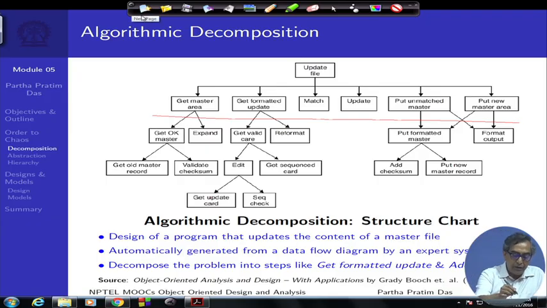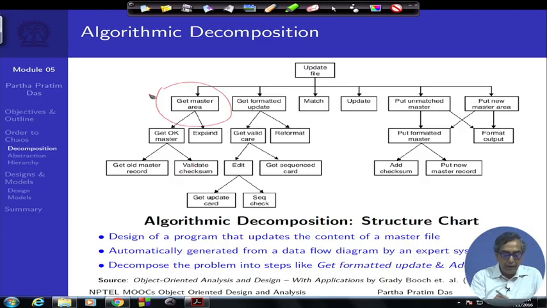Then if we concentrate on any specific one of these tasks, say get master area, if this task has to be accomplished, then it can be done in terms of doing two other subtasks: get the OK master and to expand.